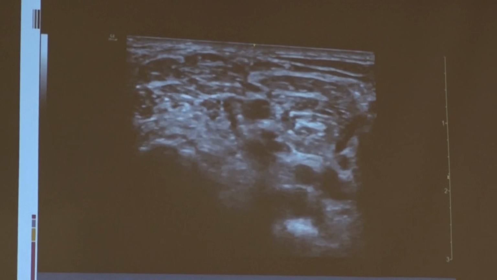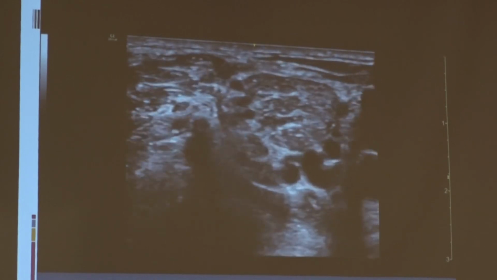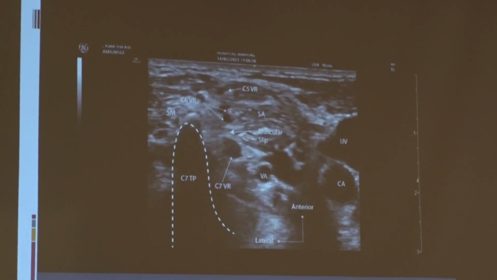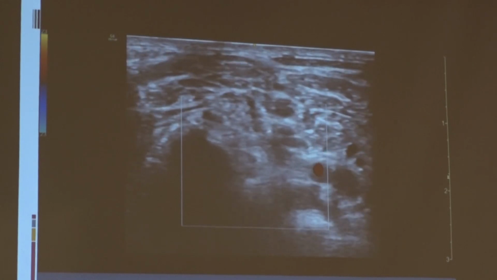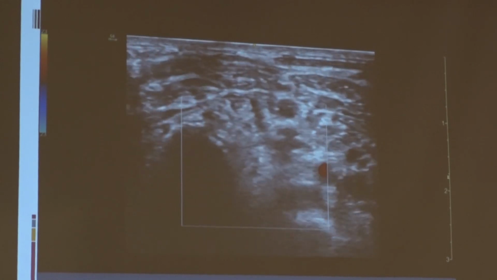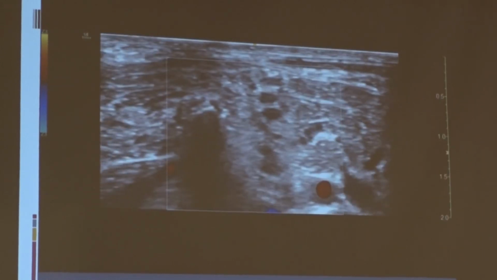Then step number 2, I identify the C7 transverse process and ventral rami. Okay, then I use the color Doppler to identify the vertebral artery, and the C7 ventral ramus is lying lateral to the vertebral artery.